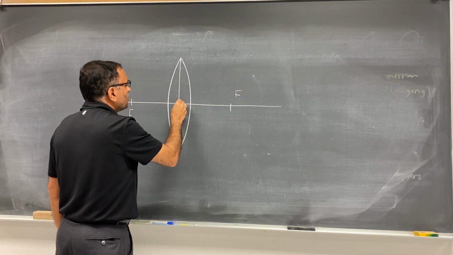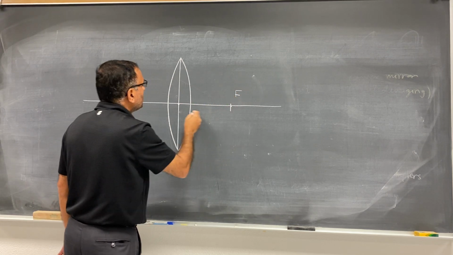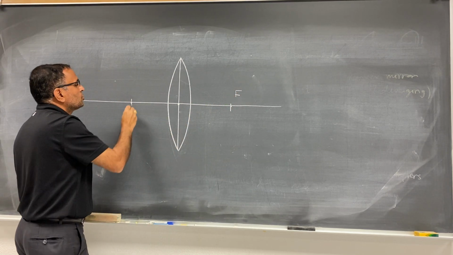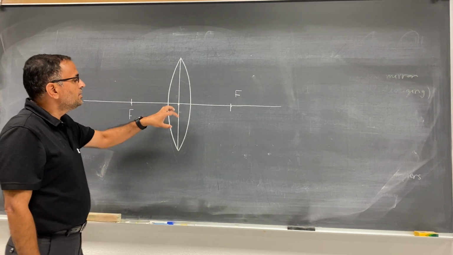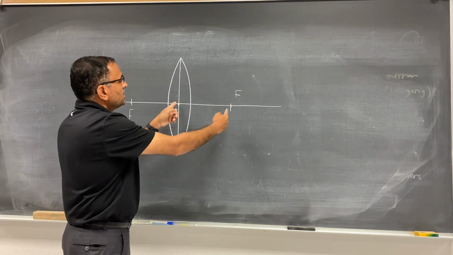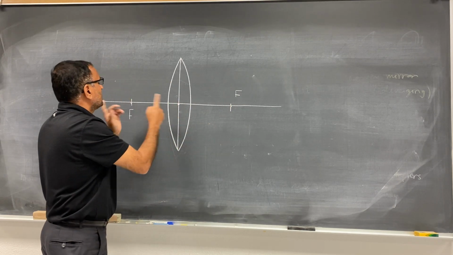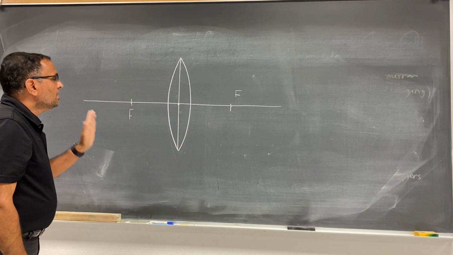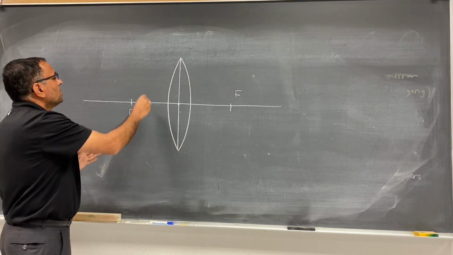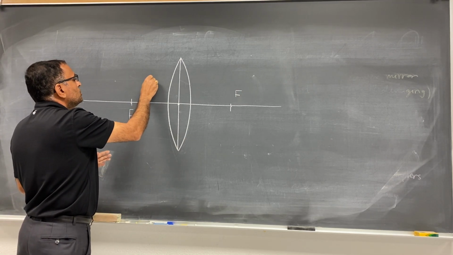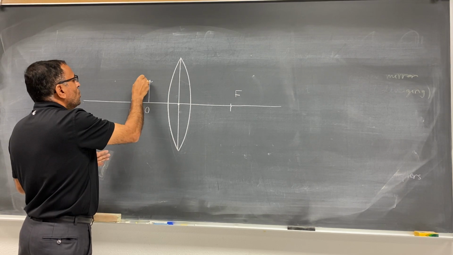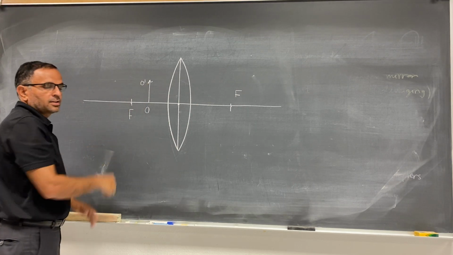From here to there, this is the focal length, or from here to there, this is also the focal length, and they are equal if it is a biconvex lens. If you keep the object right here, this is your object O prime, this is the object.